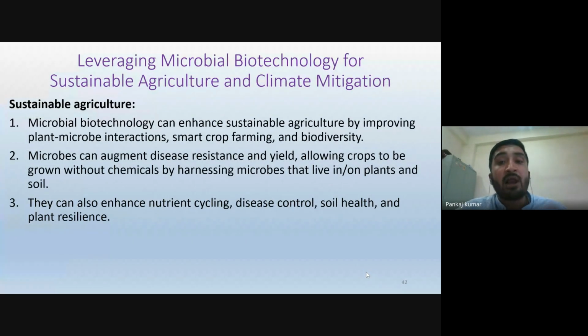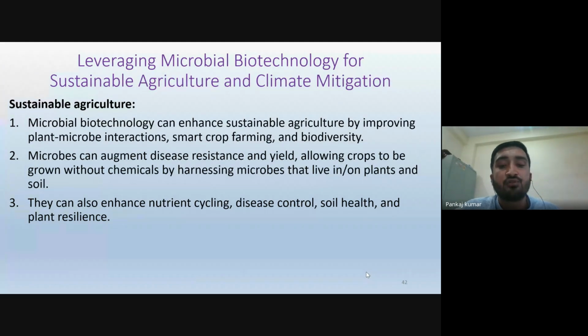Now, leveraging microbial biotechnology for sustainable agriculture and climate mitigation. Sustainable agriculture: microbial biotechnology can enhance sustainable agriculture by improving plant-microbe interaction, smart crop farming, and biodiversity. This can augment disease resistance and yield, allowing crops to be grown without chemicals by harnessing microbes that live in or on plants and in the soil, having symbiotic relations with plants, that are not harmed.